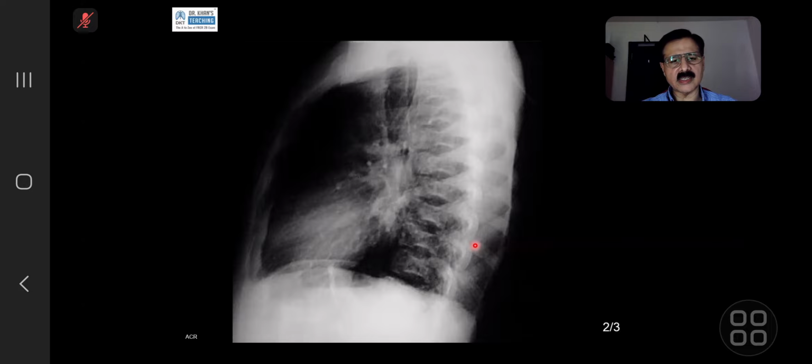The answer is that in this region, the blood supply is from small end arteries. On the other hand, at the edges, there is an overlapping blood supply, there are collaterals. So in the central portion of the vertebra, because of sickling, there is avascular necrosis and there is collapse.